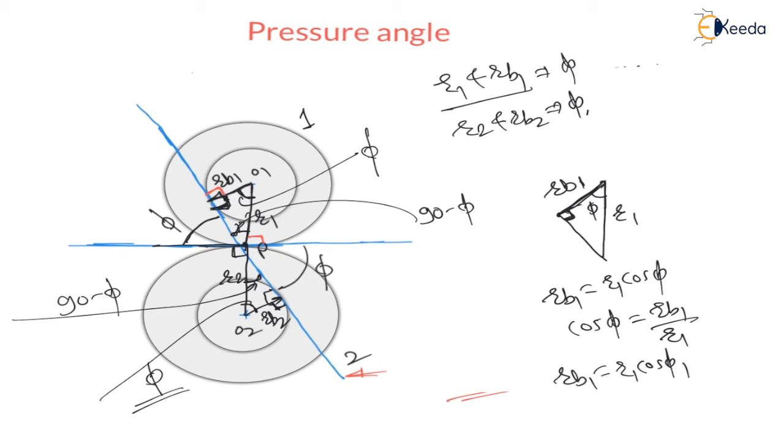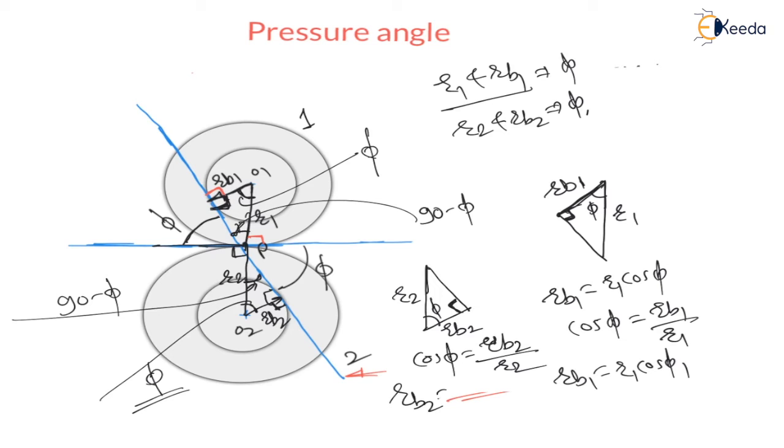Similarly, if I consider the very small triangle over here, for this triangle this distance is R2, this distance is RB2, this angle is 90 degrees, and this angle is phi. Therefore again cos phi is equal to the adjacent side RB2 divided by the hypotenuse R2.